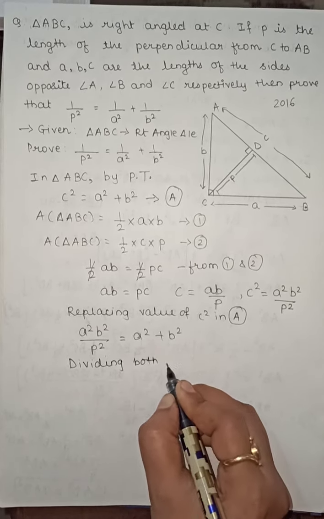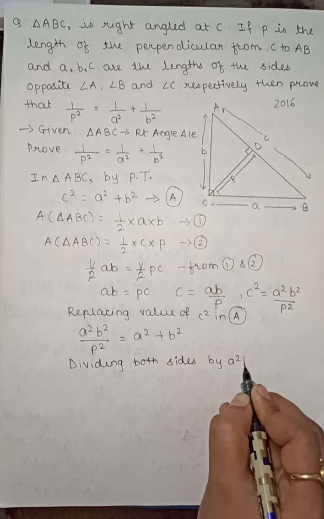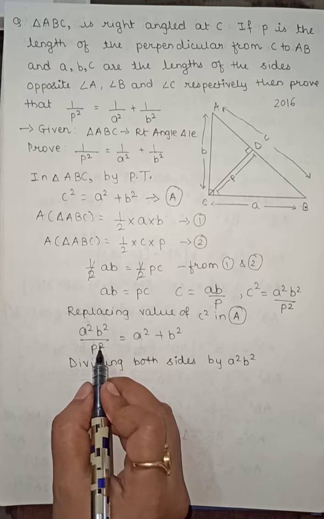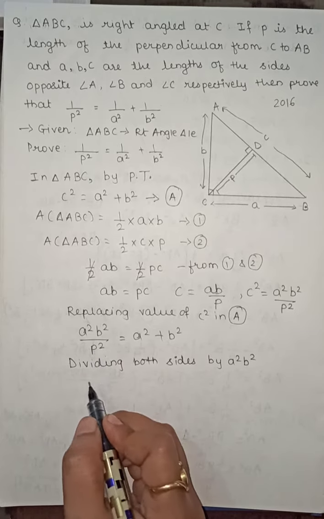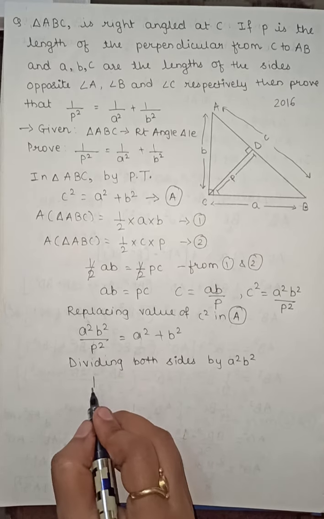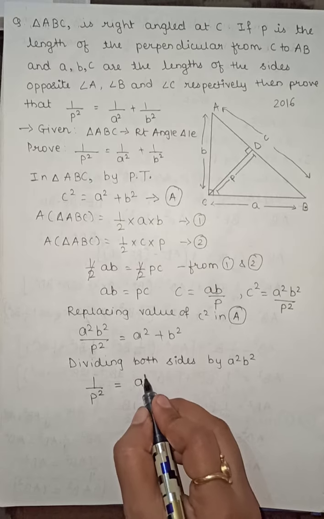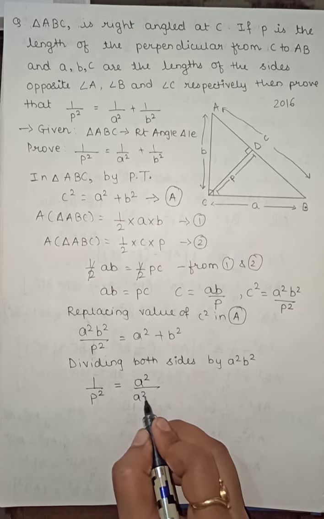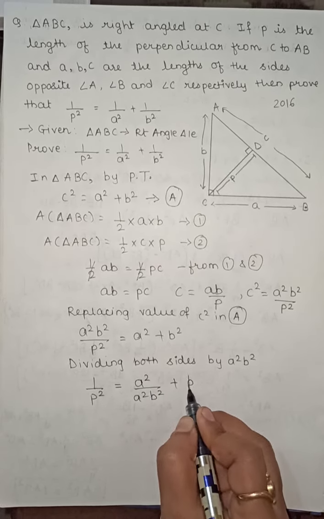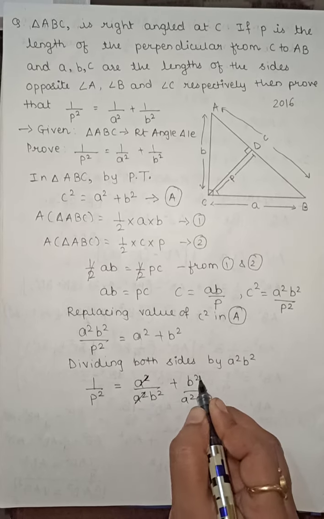So what you will get in the LHS, this A square B square and the A square B square in the denominator, they will get cancelled. So you will get only 1 by P square equal to here A square upon A square B square plus B square upon A square B square. So A square cancel, B square.